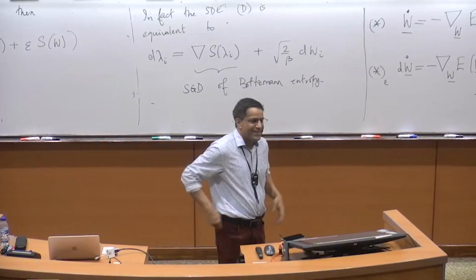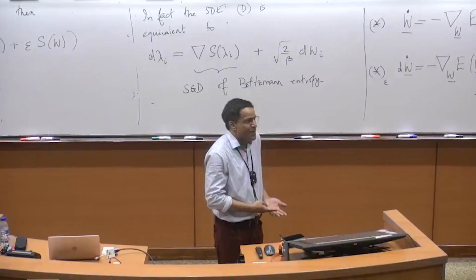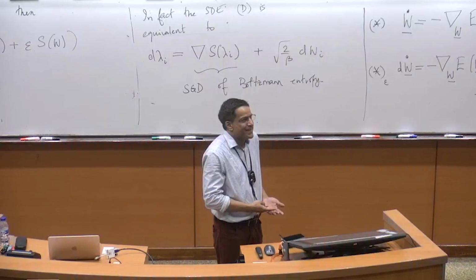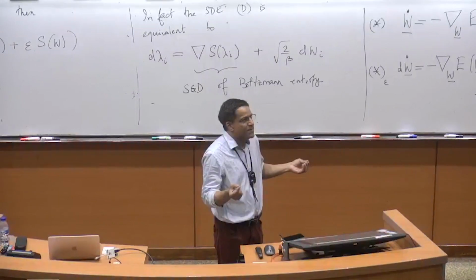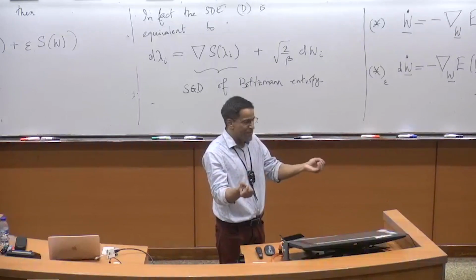There are interesting questions, right? With the Dyson-Brownian motion case, we know exactly what the equilibrium configurations are. These are the zeros of the Hermite polynomials.